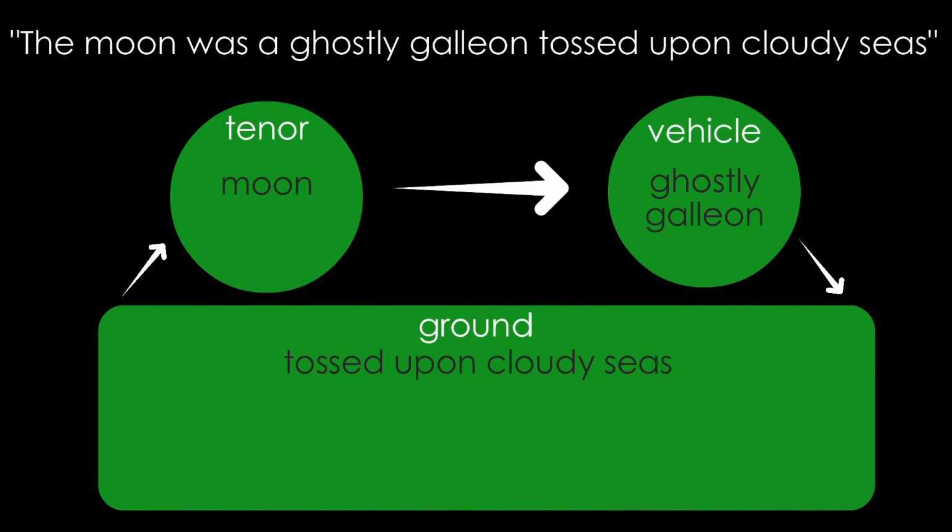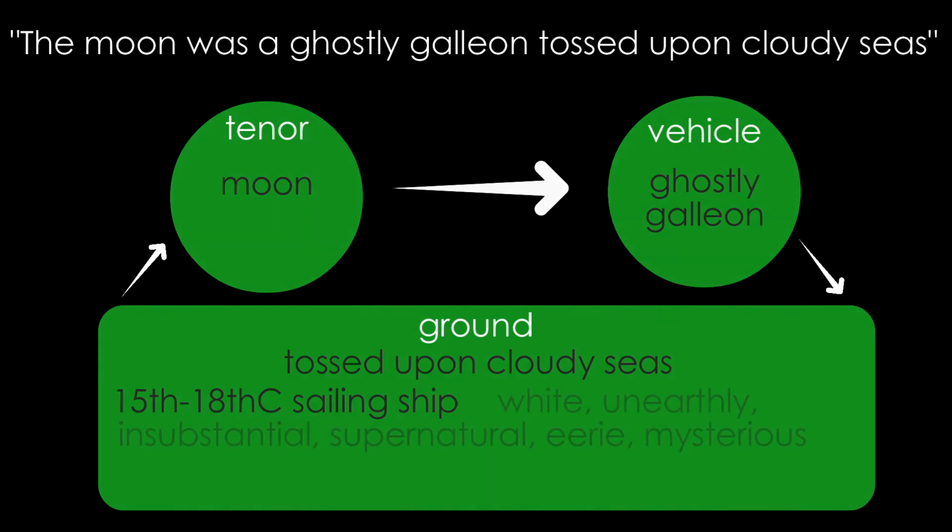The vehicle and ground need a little interpretation to get a full appreciation of Noyes' image. If we think about a ghostly galleon, what features does it have? A galleon was a sailing ship in use between the 15th and 18th centuries, and so was no longer in use at the time the poem was written. Words that I associate with ghostly are white, unearthly, insubstantial, supernatural, eerie, mysterious.